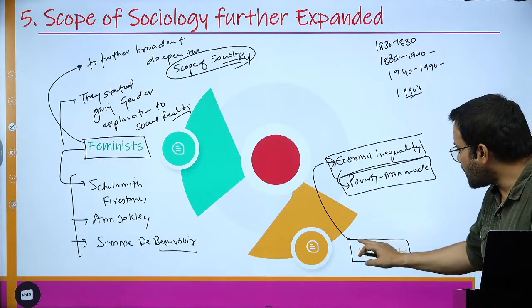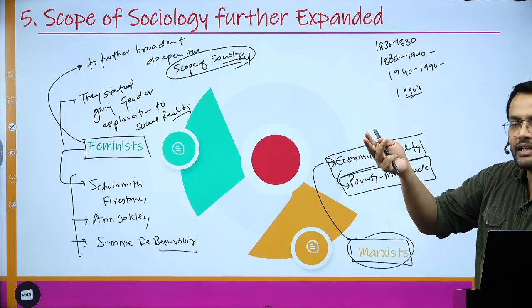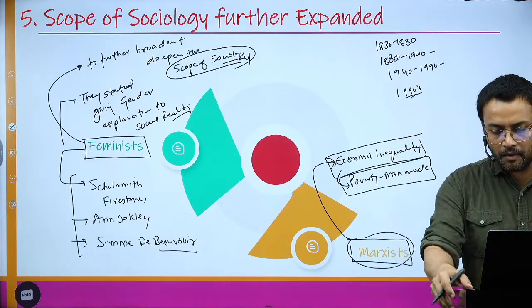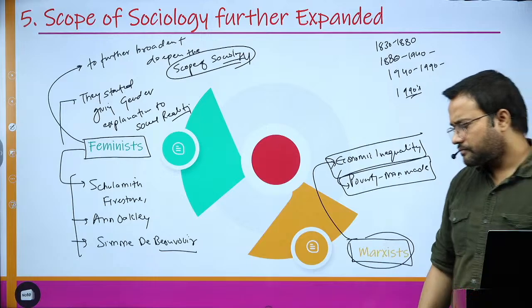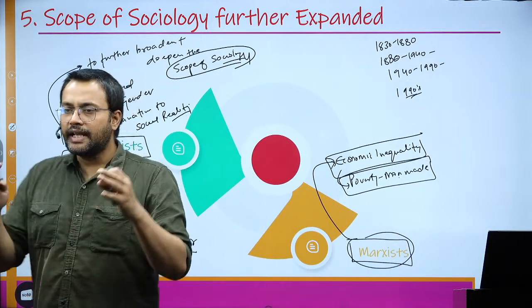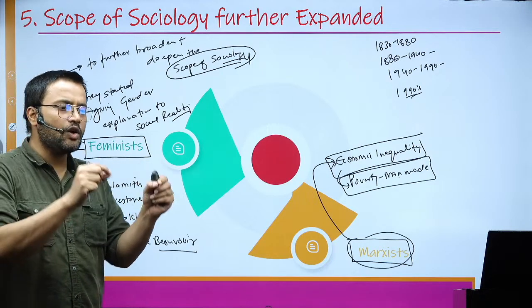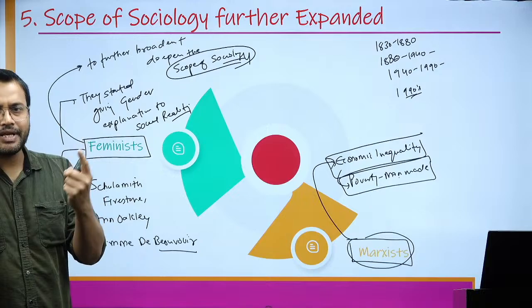So when the Marxists talk about understanding society from an economic angle, this also further broadens and deepens the scope of sociology, because now every sociologist started looking at society and studying all social institutions from an economic angle.